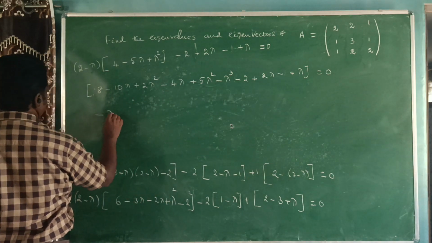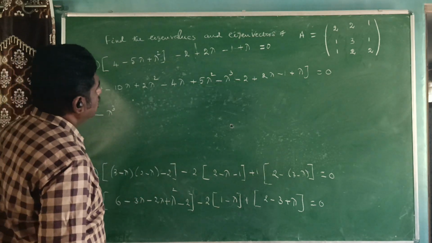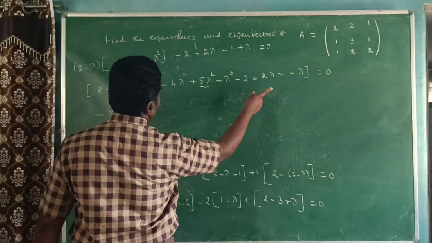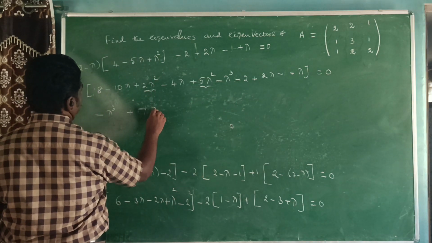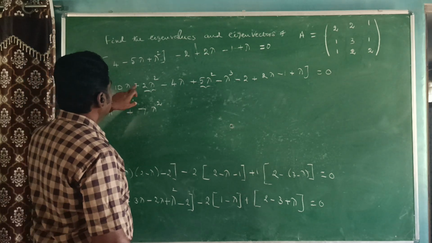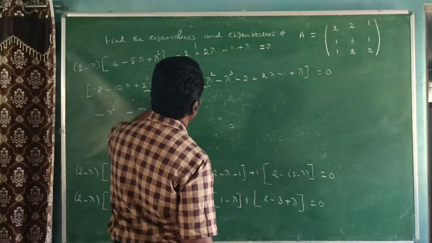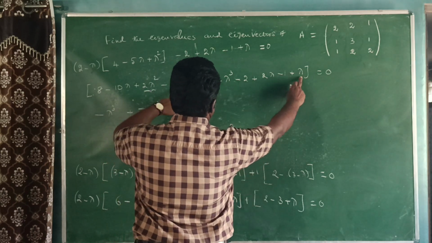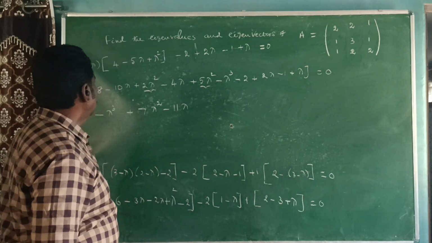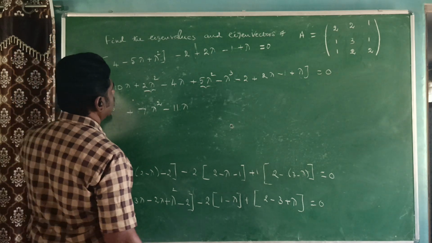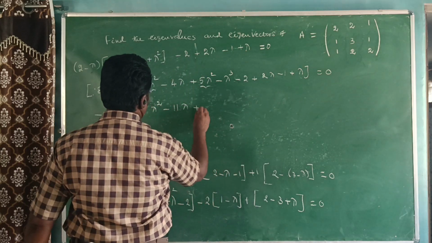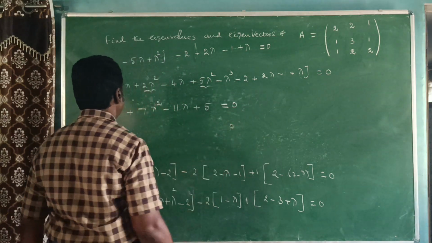Minus lambda cube. Next align the lambda square terms: 2 lambda square plus 5 lambda square is plus 7 lambda square. Next the lambda terms: minus 10 lambda minus 4 lambda is minus 14 lambda, and 2 lambda plus 3 lambda gives minus 11 lambda in total. Aligning the constant terms: 8, minus 2, minus 1, therefore plus 5, which is equal to 0.